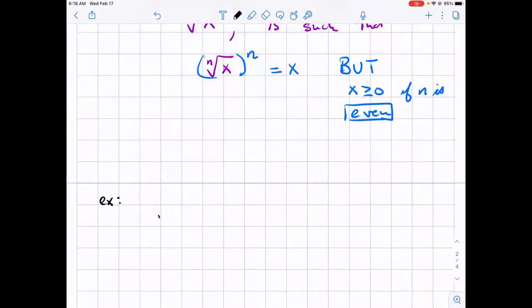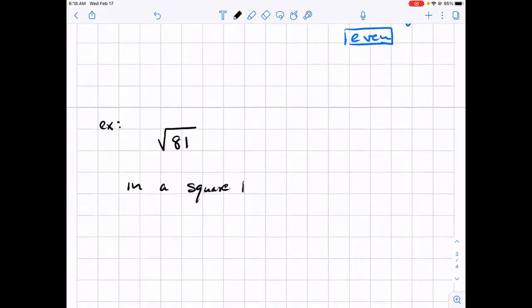Let's say we have the square root of 81. So this is called square root. In a square root, the index, which is really the n, that's your n here, is 2.